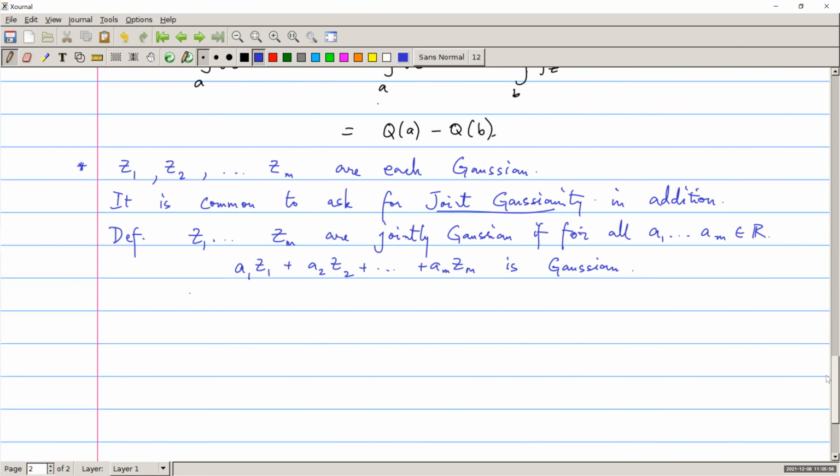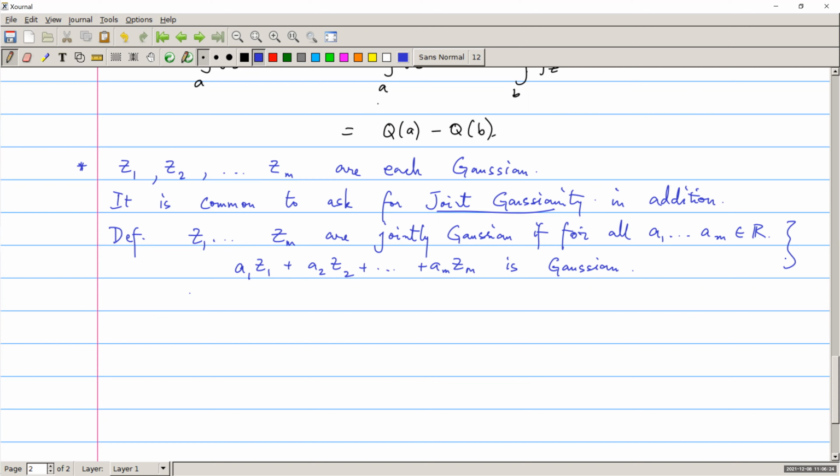There is a way to characterize when you have joint Gaussianity, but that is one of the first things we look at. Indeed, this is a stronger notion: not just that each of these random variables is Gaussian, but that together they interact in a way that is just right, such that every linear combination of them is also a Gaussian random variable.